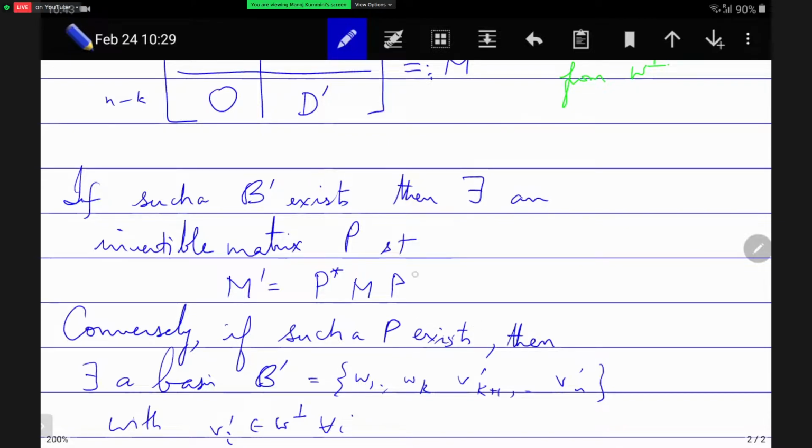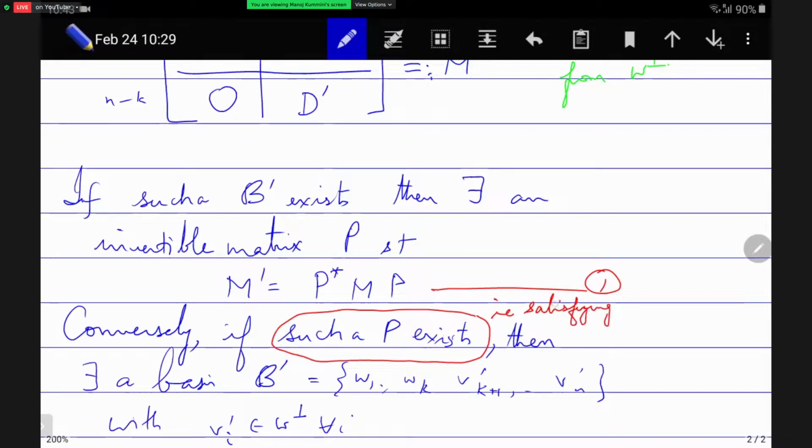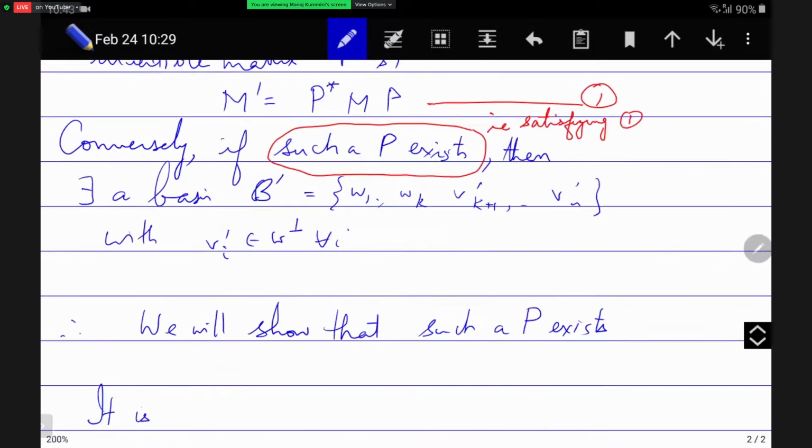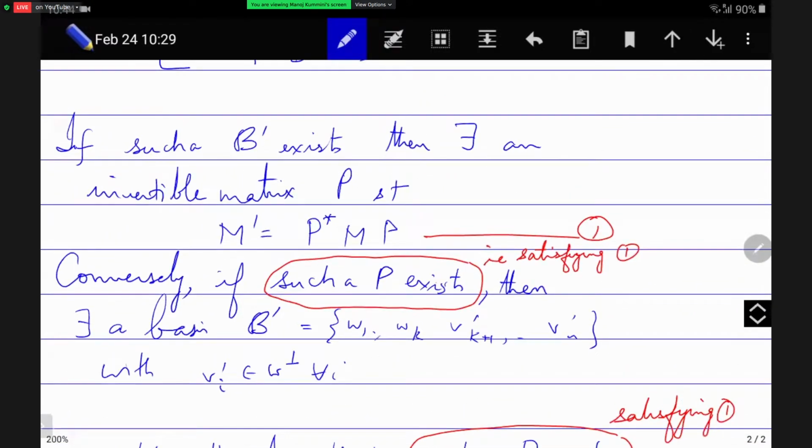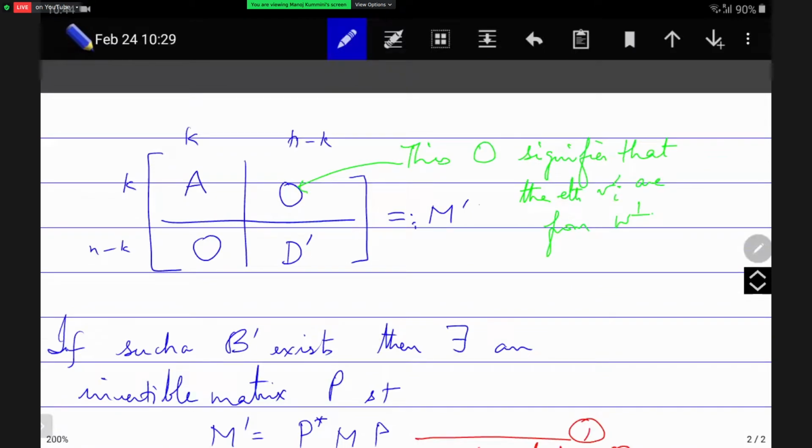Let me just label this equation 1, and such a P means that it is satisfying 1. I mean, that is also not very clear. What I meant is P star MP has these zeros.